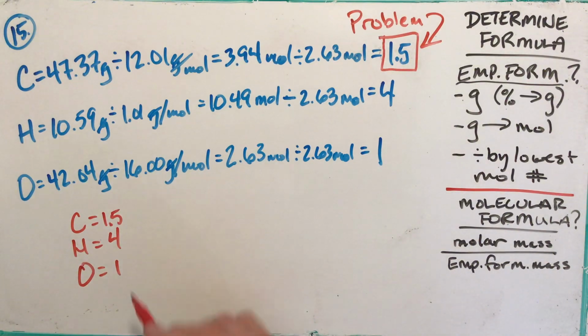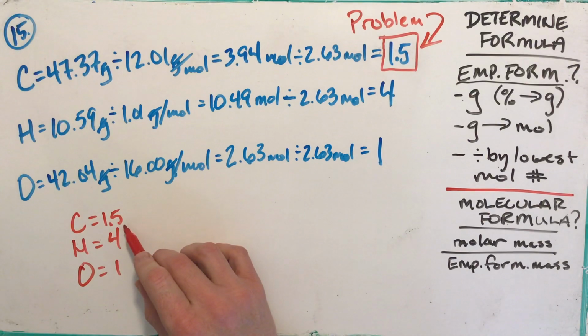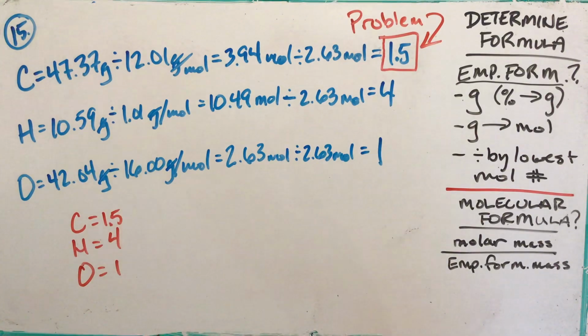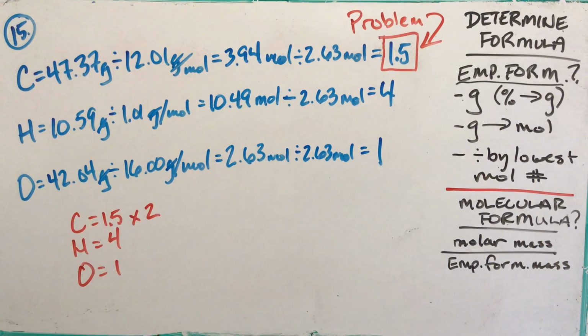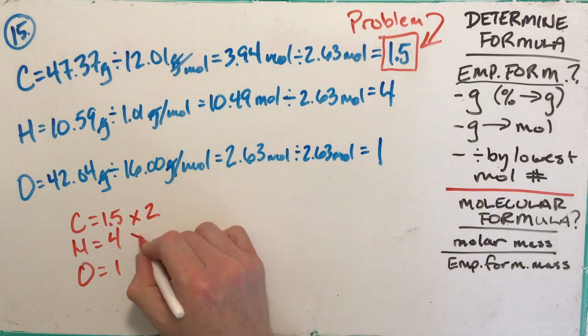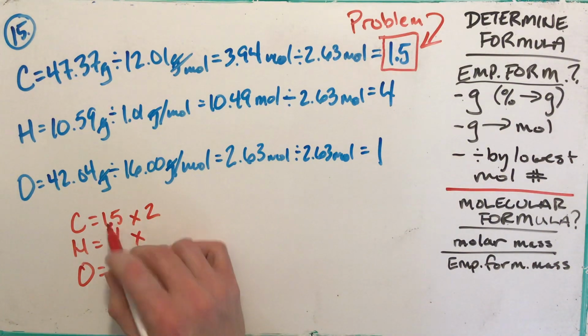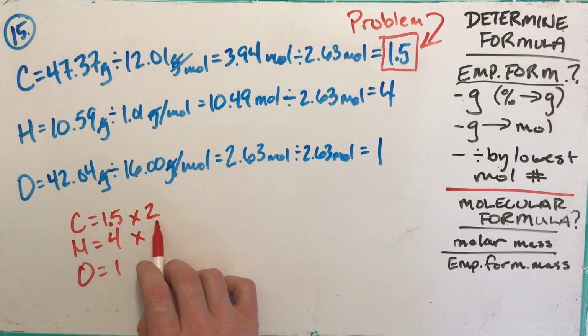So in this scenario, I have to get rid of this 0.5. To get rid of that and make it a nice even number, I multiply by 2. But of course, I have to do that with all 3 elements. So to get rid of the 1.5 right here, I multiply by 2.